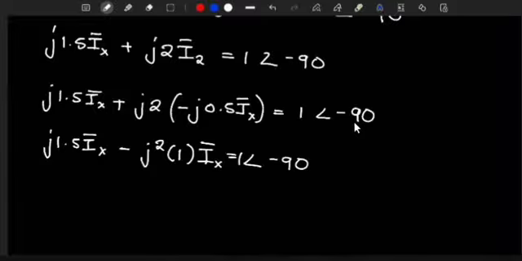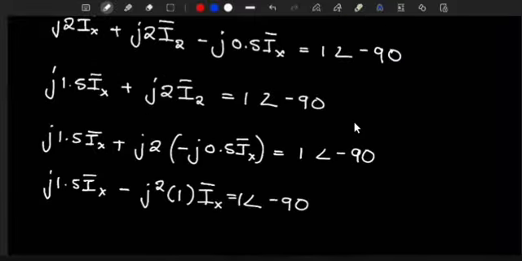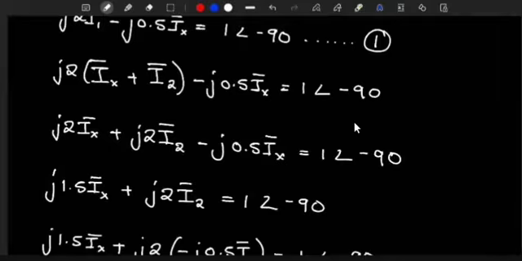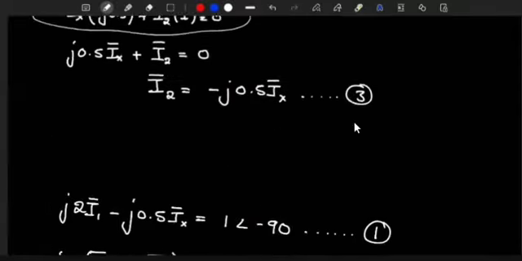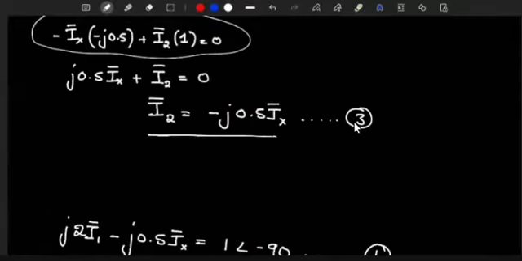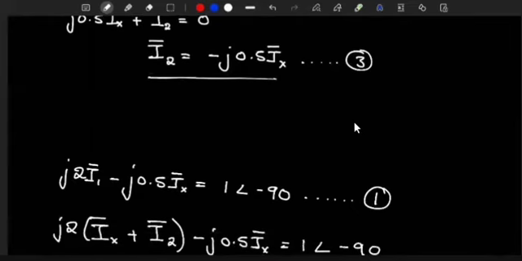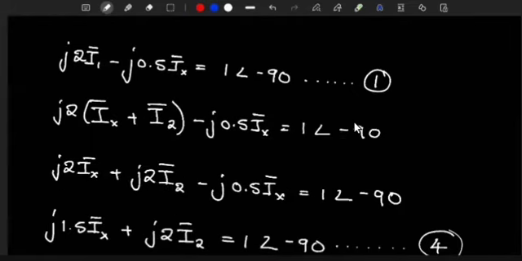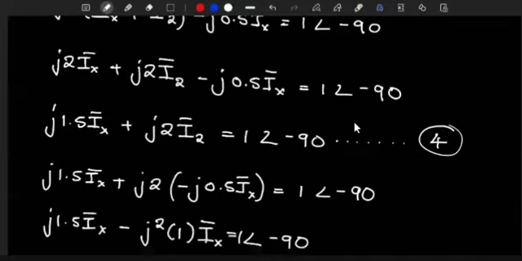You get 2 in 1, you got that one. After 2 in 1, I got this one. Now, in 4, I'm substituting 3. 3 in 4, yes. 4 is the new equation.